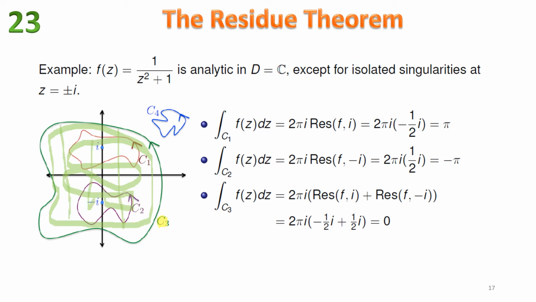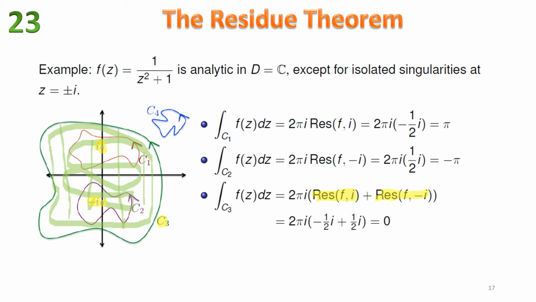The most important point to be understood is that it contains isolated singularities at plus i and minus i, and we have to calculate the residue of the function at i and the residue of the function at minus i.